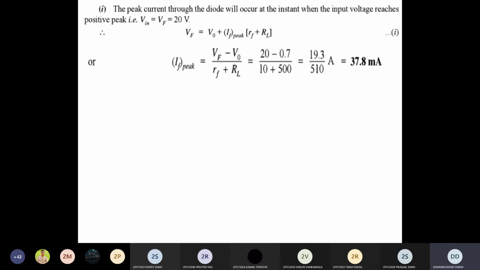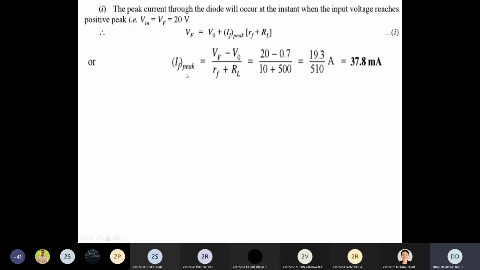We can calculate by V is equal to IR, because R will be 500. Yes, and I we have calculated. But here we calculated the peak value of diode current. Here we require to calculate the peak value of output voltage.